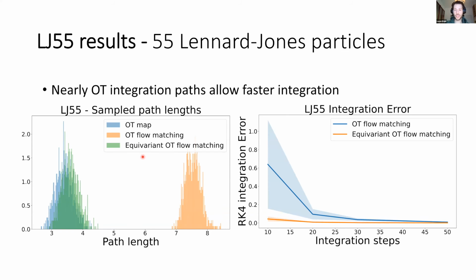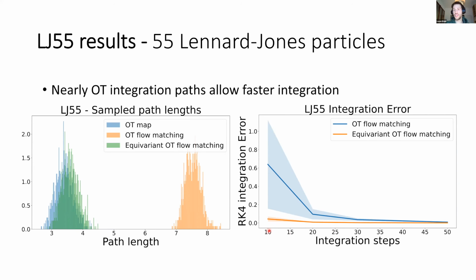So I mentioned earlier, we can use different types of integrators to integrate our vector field. A popular choice are adaptive solvers. And we compare here a Runge-Kutta integrator, which has a fixed step size, with an adaptive solver, and we compare the error this Runge-Kutta integrator makes for different numbers of integration steps.